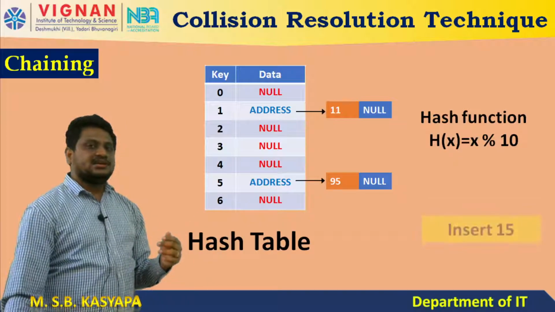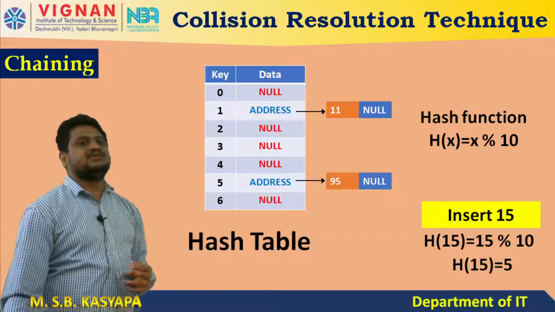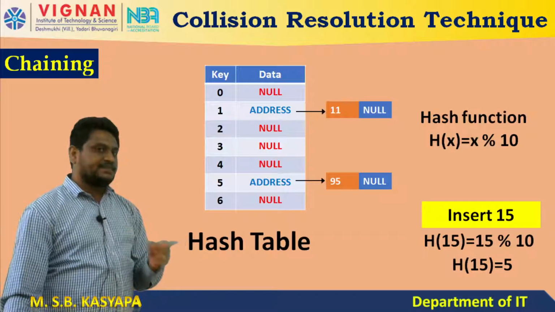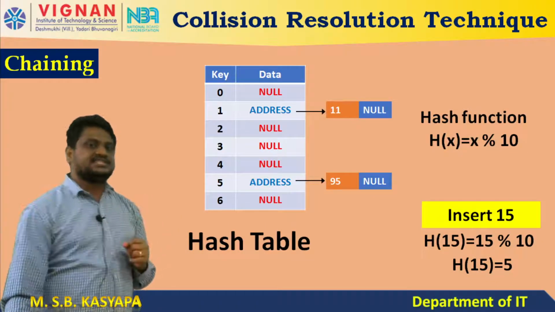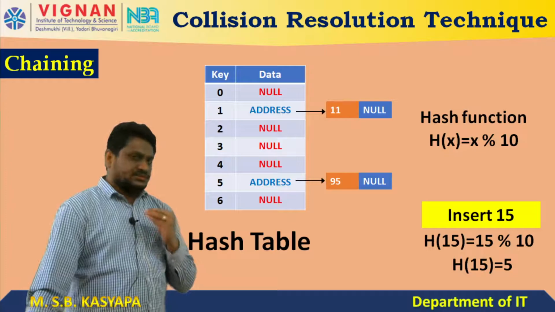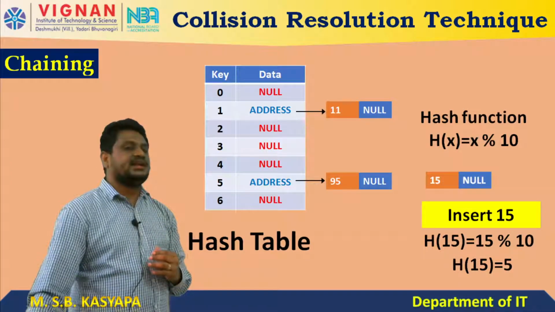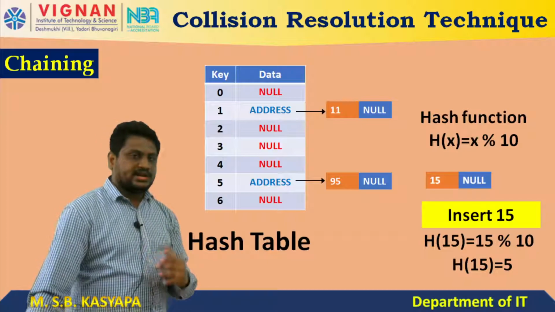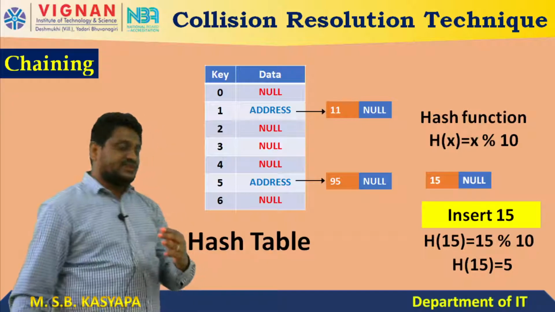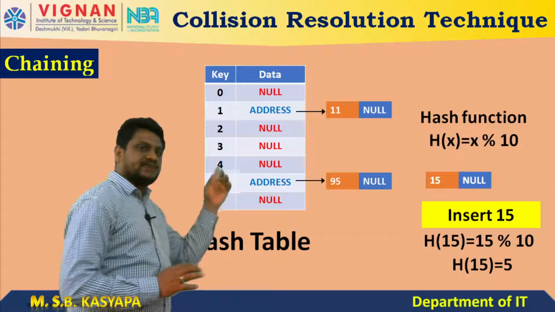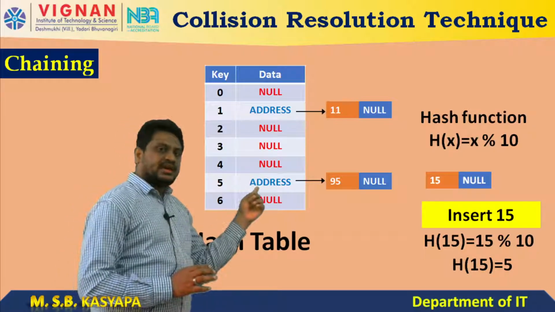Why? Because if I want to insert 15, a collision will happen. If a collision happens, what to do? Now let us check. So the initial process for the linked list, I have to create a node. Now I created a node with 15. So 15 must be inserted at 5. So 5, okay, it is not null.